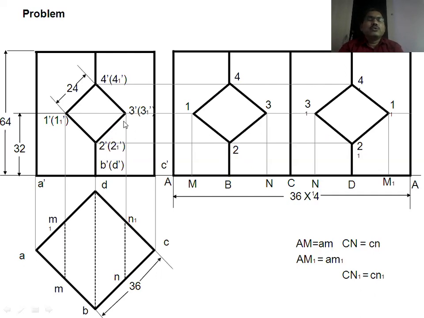For that you need to make the measurement with reference to the base edge A M1. So this AM distance you have to measure, and from this you draw the vertical line, and at the intersection of this projection line, this vertical line and the parallel line coming from this point, that point you name as 1. Similarly, you mark N also.